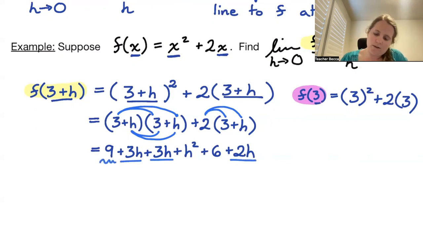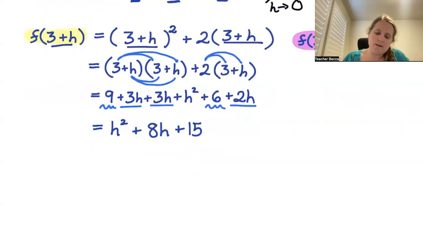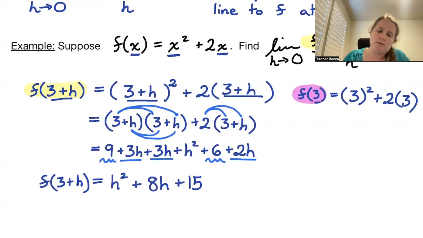We also have a plus 9 and a plus 6, which can be combined. So we are looking at h squared, plus we have 3h plus 3h is 6h, plus 2h is 8h, and then plus 9 plus 6 is plus 15. So this is our f of 3 plus h. That's the first component of our difference quotient.